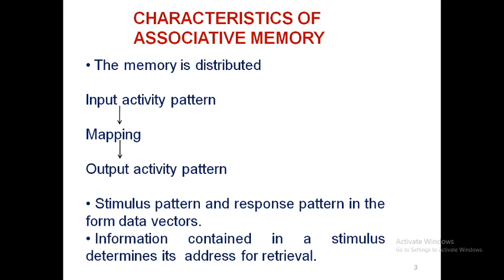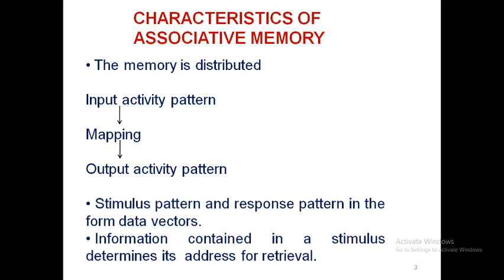By properly mapping the input to the output, we recollect or retrieve the data in the associative memory. So there is a stimulus pattern and a response pattern in the form of data vectors; input and output are data vectors. The stimulus pattern means the appearance of the particular object, student or person.